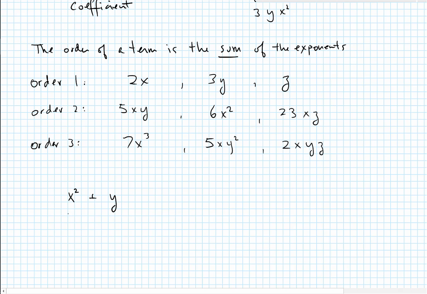And the first term there, x squared, has an order of 2. The second term, y, has an order of 1. So the whole polynomial has an order of whatever the highest of those is. So since the highest is 2, the polynomial has order 2.